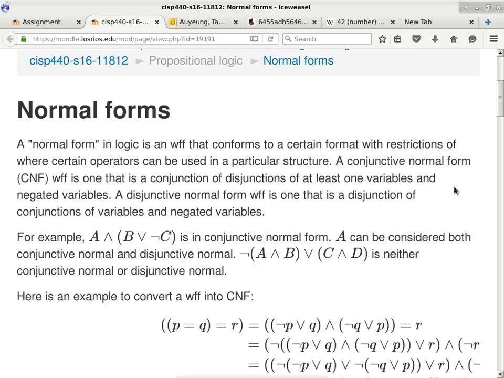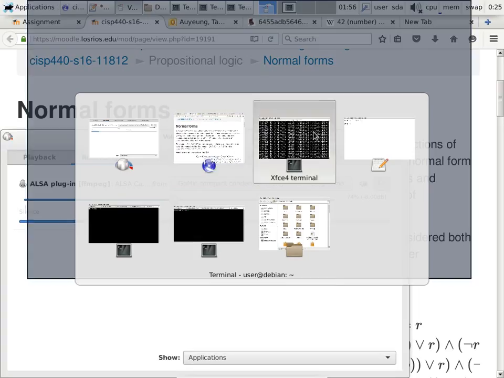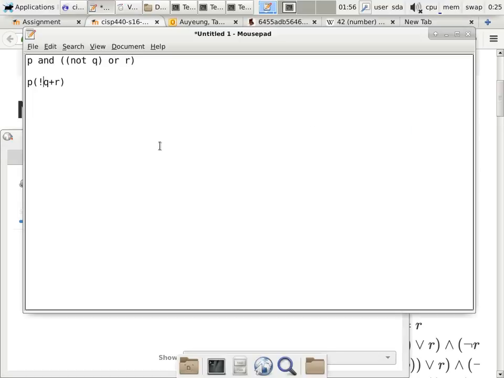So that's not a well-formed formula then? This one is well formed and also a CNF. Okay, so a variable and or a WFF is okay? Let me write it down on my notepad. It is also discussed in the notes here, but we'll talk about this a little bit. So P is in CNF because not P is in CNF.